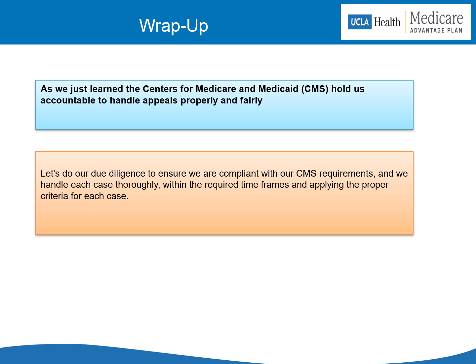It is our responsibility to handle appeals properly and fairly in accordance with CMS regulations. So let's do our due diligence to ensure we are compliant with our CMS requirements and that we handle each case thoroughly within the required timeframes and applying the proper criteria and guidelines for each case in the best interest of our members. That concludes our teachings for today. Thank you so much for attending.